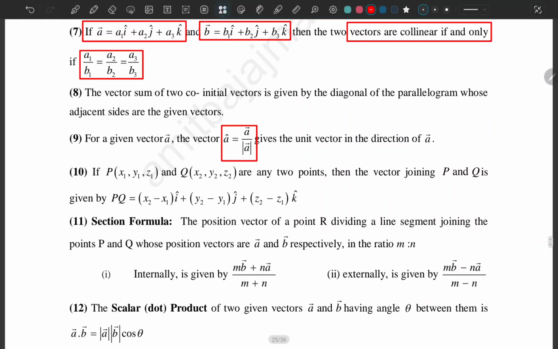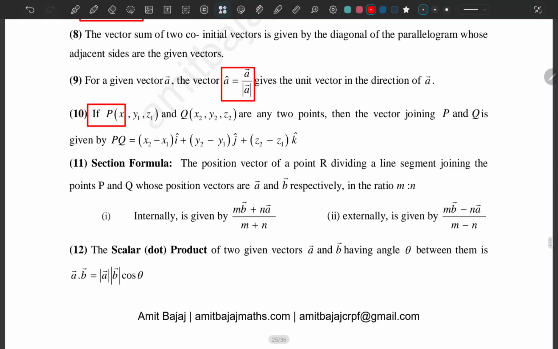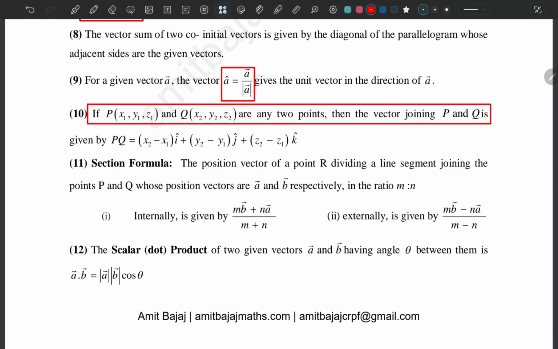And now this is the direction of a vector that is represented with a cap, that says a cap equals the a vector over the magnitude of that vector. Okay, and if P and Q are two points, then the vector joining P and Q is given by subtracting their respective coordinates, like x2 minus x1, y2 minus y1, and z2 minus z1, and then multiplied with their respective unit vectors, that is i cap, j cap, and k cap.